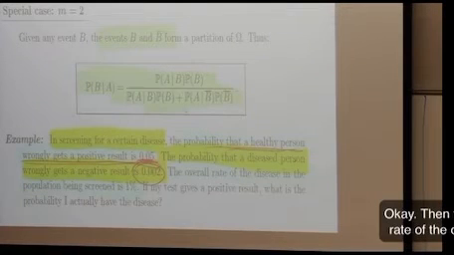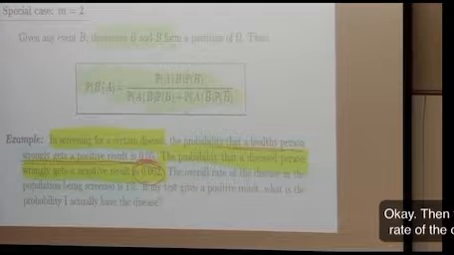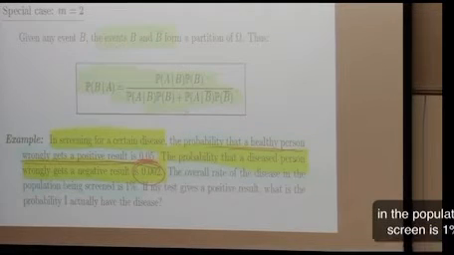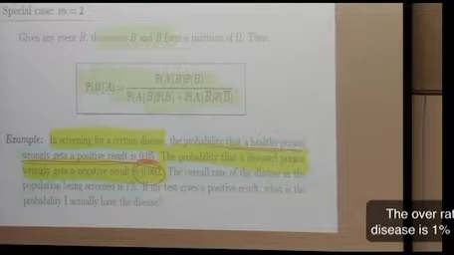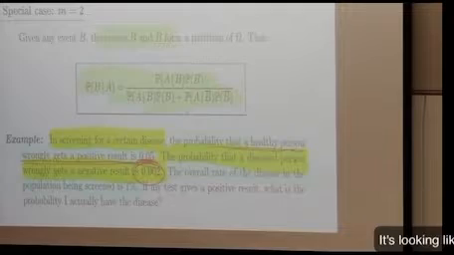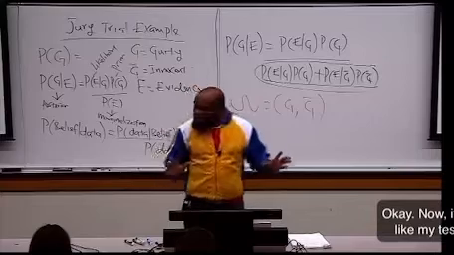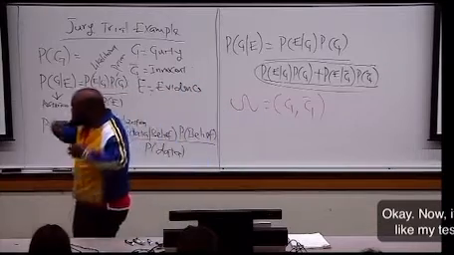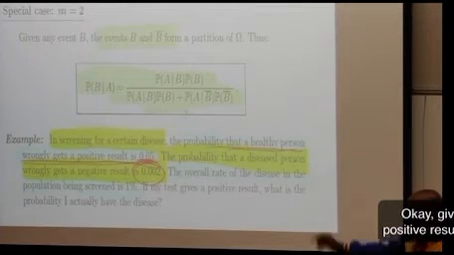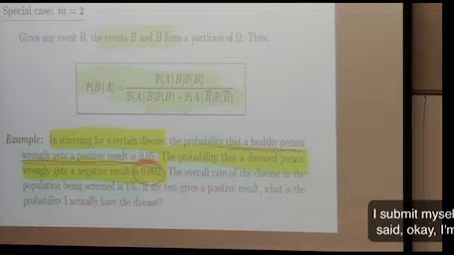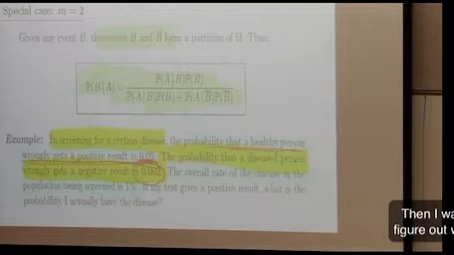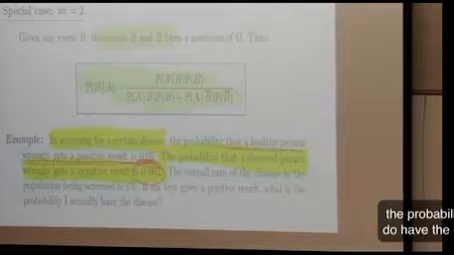Then the overall rate of the disease in the population being screened is 1%. If you take a look at that 1%, it looks like a prior. Now, if my test gives a positive result, and they say I'm positive, then I want to figure out the probability that I do have the disease.